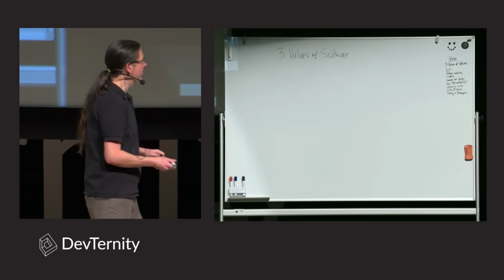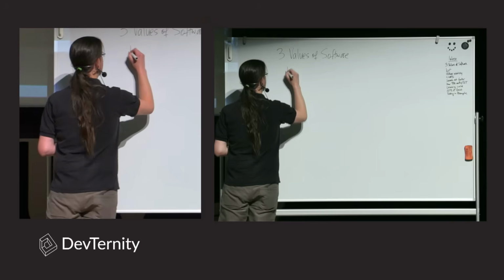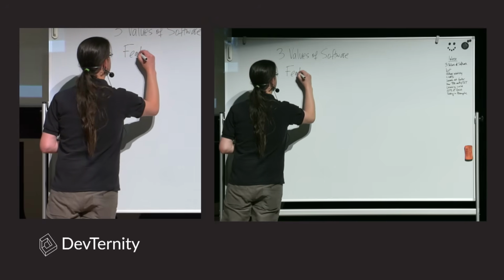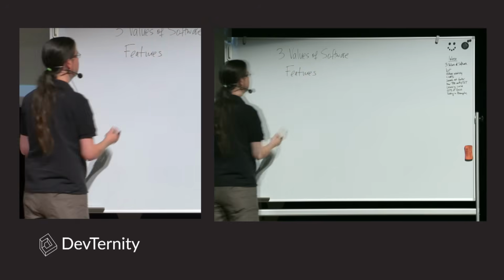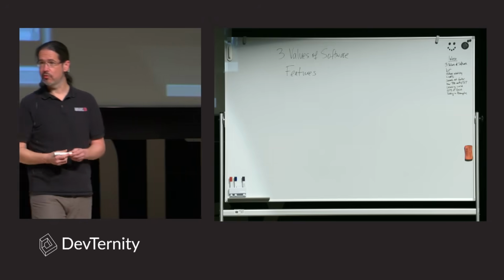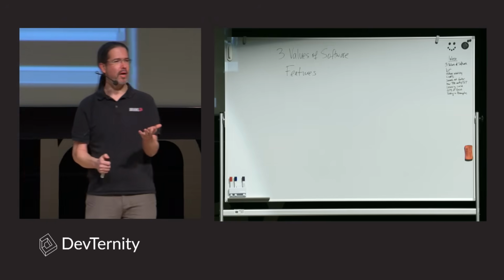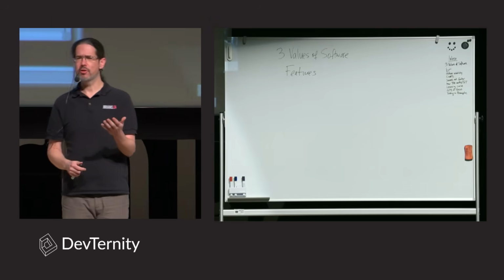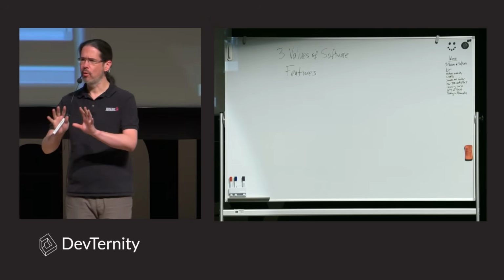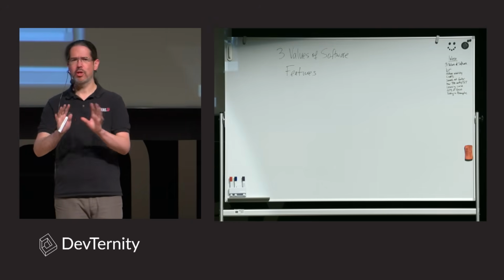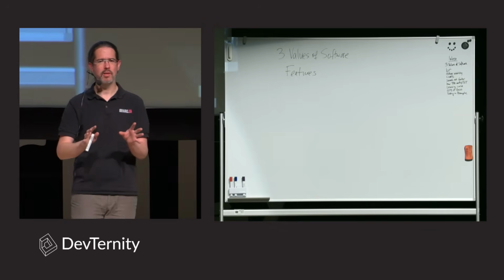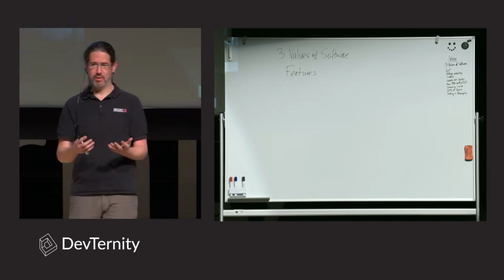The first one I think won't be much of a surprise. The first kind of value in software comes from the features themselves. This is the part that I think when someone uses the term business value, this is almost always what they mean. The most obvious form of business value in software is the features themselves.